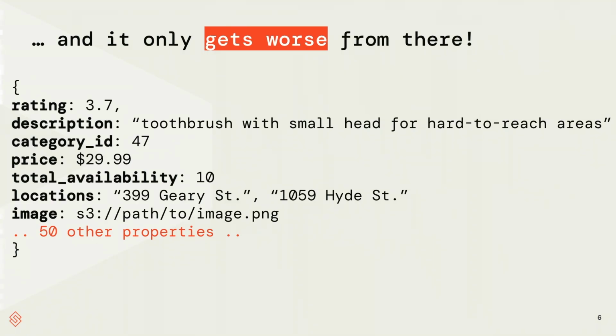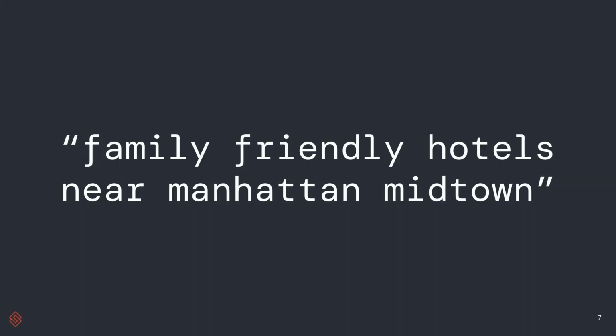So how do we go from something like this to embedding? And why do we want to do it? Because when you have a query like this, family-friendly hotels near Manhattan Midtown, wouldn't it be awesome if you could take that query and make an embedding out of it that kind of asks for family-friendly things and hotels and things near Manhattan Midtown, all encoded in the embedding itself, right?